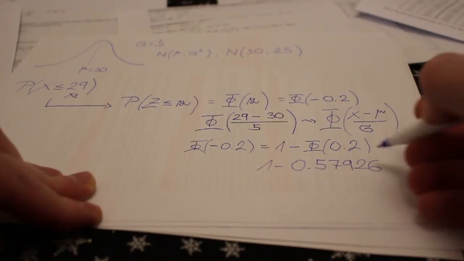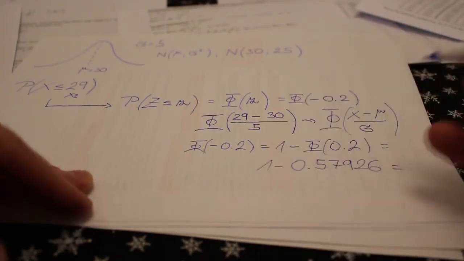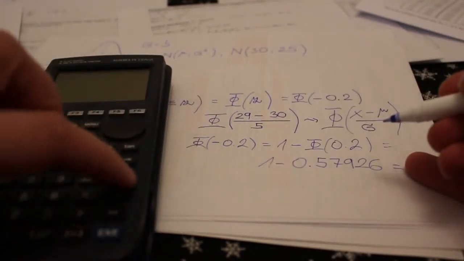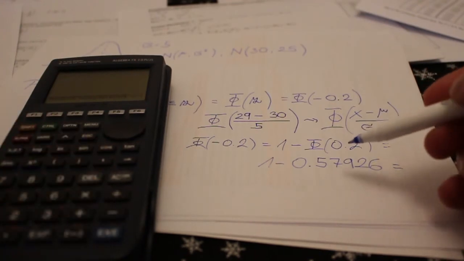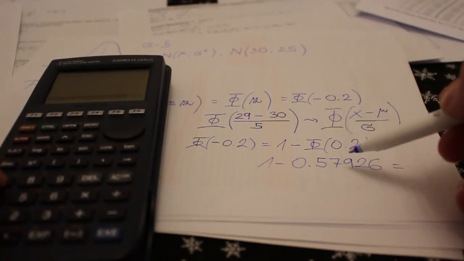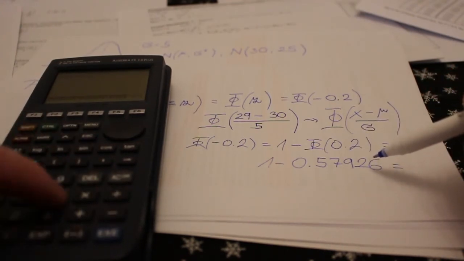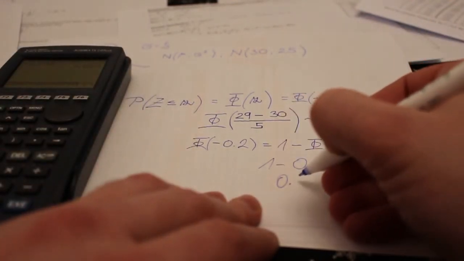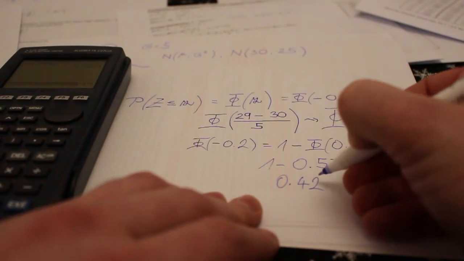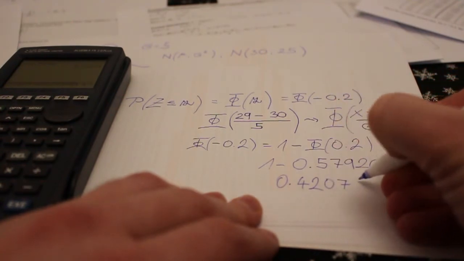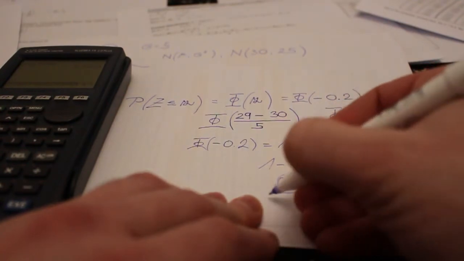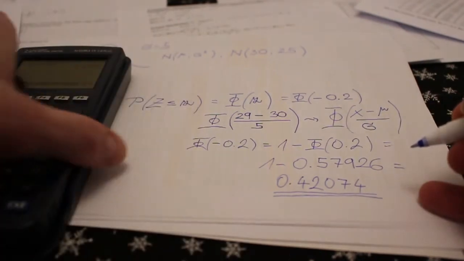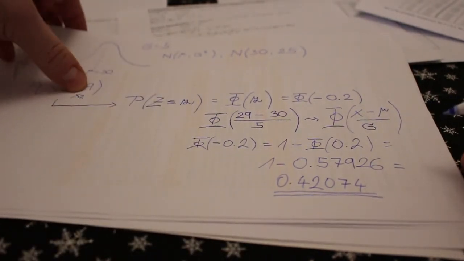We will use the calculator. 1 minus 0.57926. The result is 0.42074. So this is the result, and now we must interpret this.